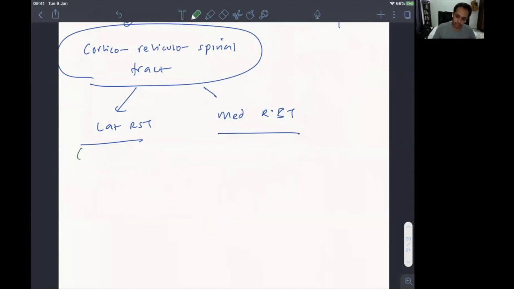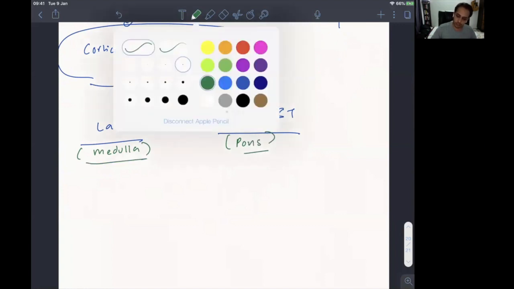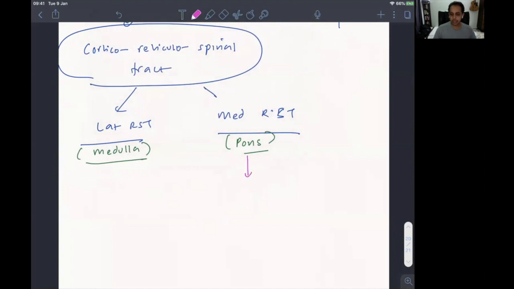The lateral reticulospinal tract arises from the medulla, and the medial one arises from the pons. It is the role of the medial one, the one that arises from the pons, to stimulate the extensors and inhibit flexors of that side.